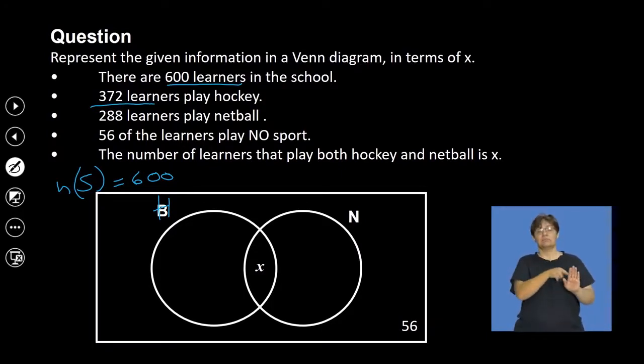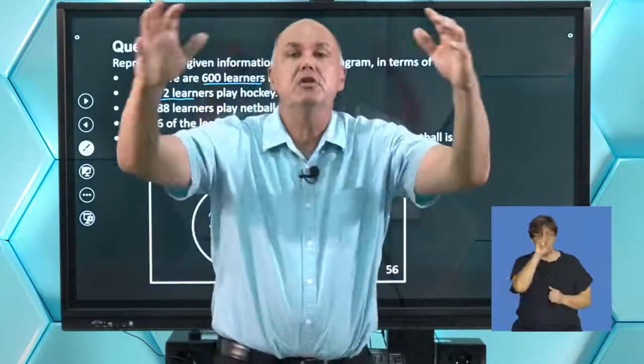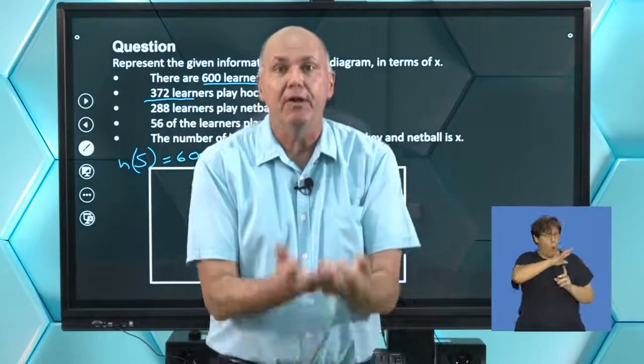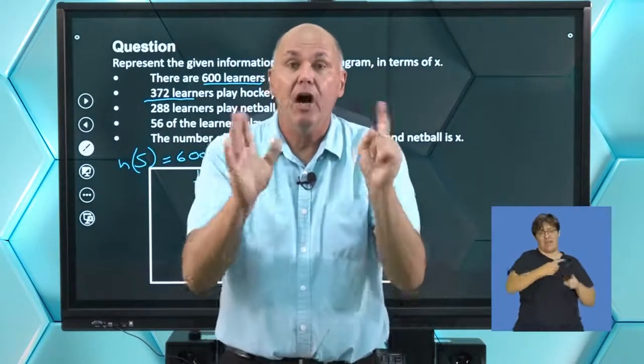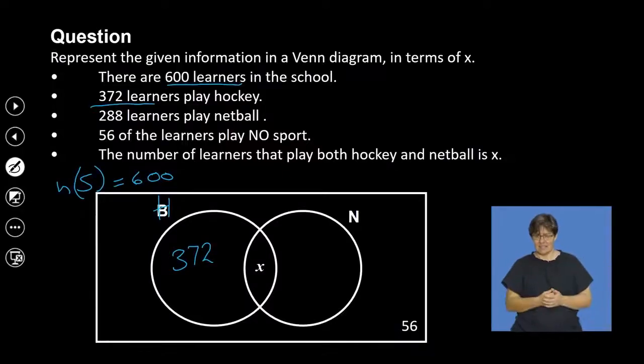The H set, they are the ones that are playing hockey. Can I put 372 here? Guys, does that make sense? Can I put 372? What do you think? Now remember, the 372 is everybody that plays hockey. We can't put 372 in that part because we recognize there's a middle part here that is involved in playing both hockey and netball.